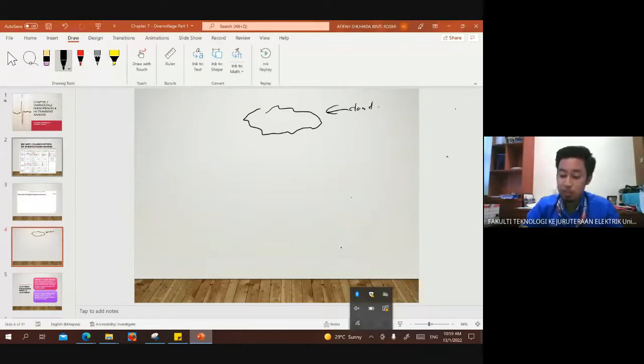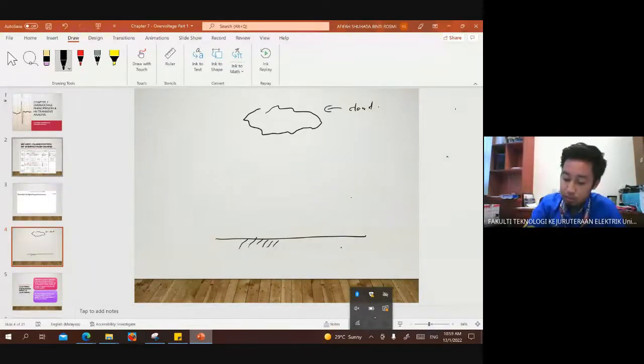So normally, how the cloud is developed. Normally, this is the ground. Okay, normally the cloud comes from the ground here.